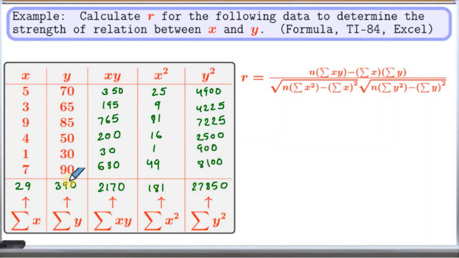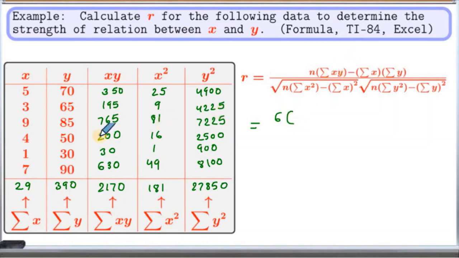Now, once we have these values, all we need to do is substitute them into this formula. Let's do that. So our n here is 6, 1, 2, 3, 4, 5, 6, so I will put 6 there.